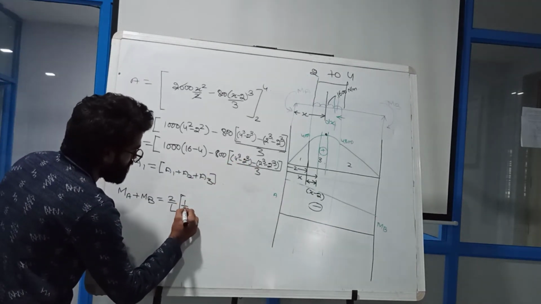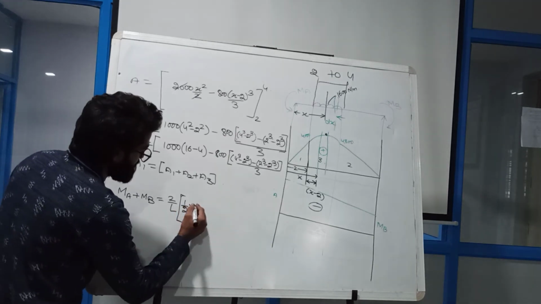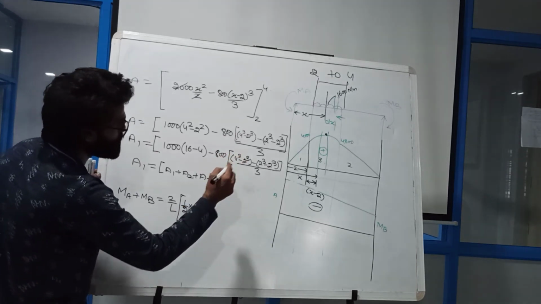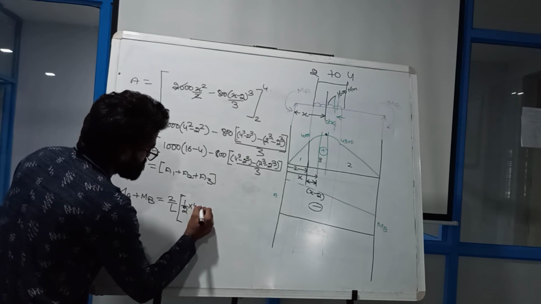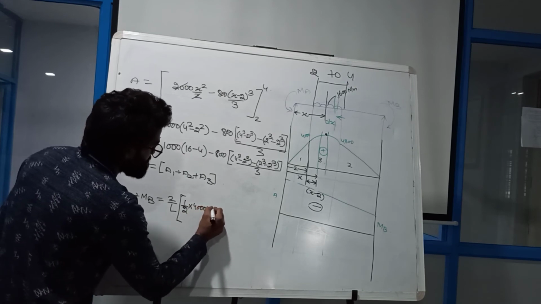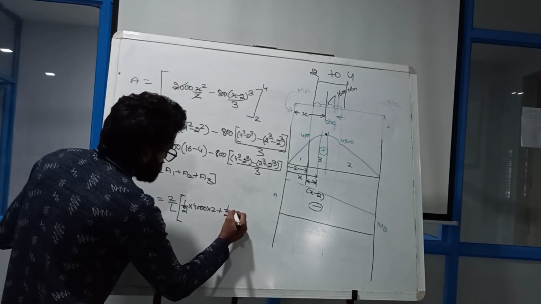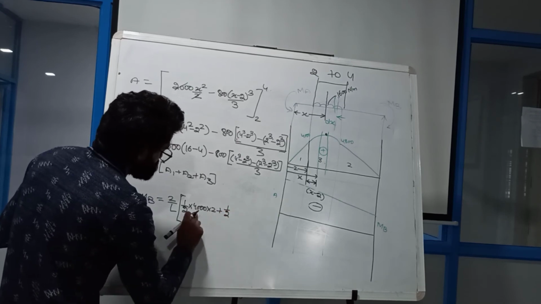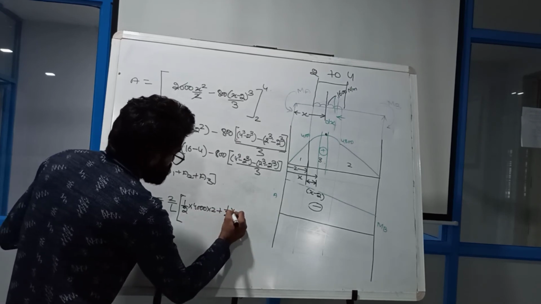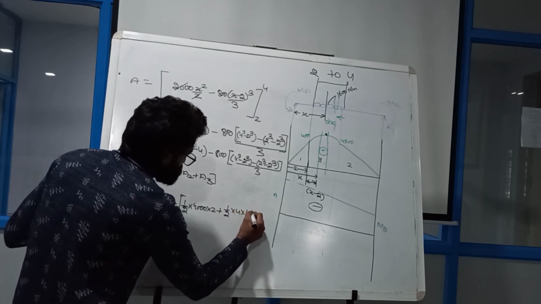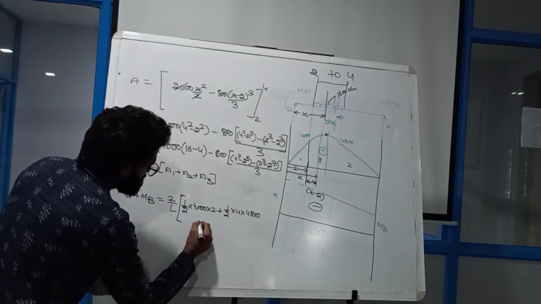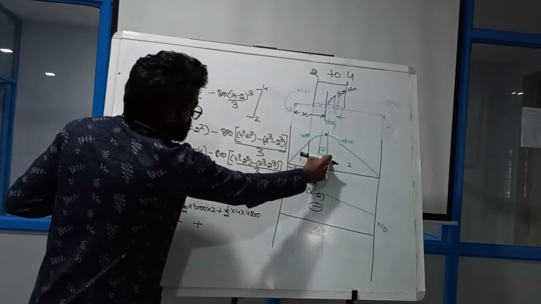So triangle 1 is 1 by 2 into height, height is 4000, into length, length is 2. Plus, this is triangle 2, 1 by 2 into 4 into 4800. Plus I got this particular part as well.